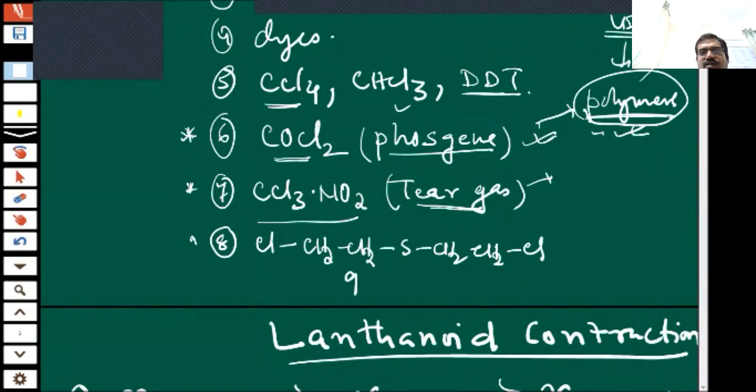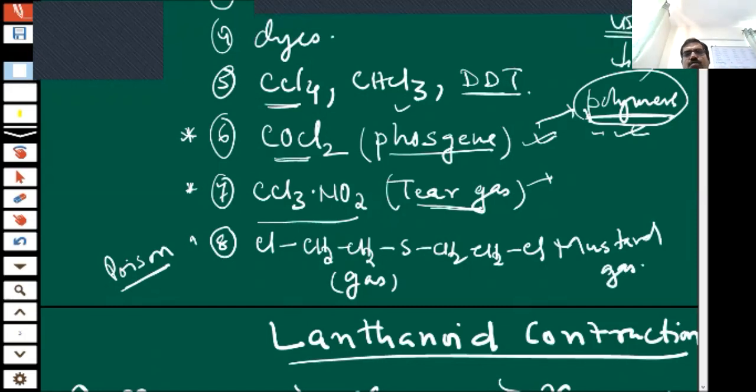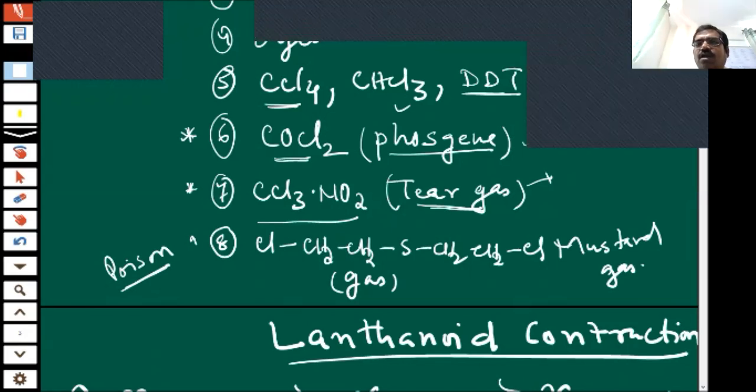This is also a very poisonous gas. It is also a poison. Mustard gas. So this is regarding the use of chlorine, children, and important chemical reactions of chlorine.